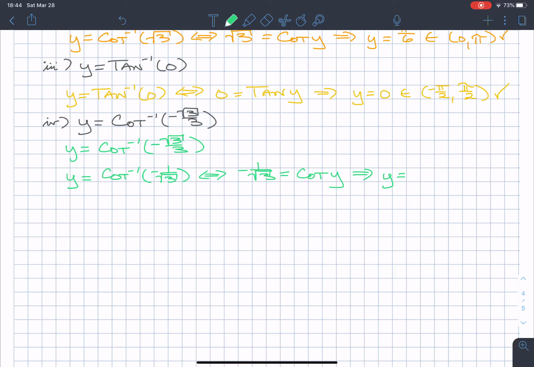Anyone? Well, do you agree that the root 3 over 2 has to be in the denominator and the 1/2 has to be in the numerator? So where is cosine 1/2 and sine root 3 over 2? That's going to be at 2 pi over 3. Agreed? And is that between 0 and pi? It is indeed. Check mark.